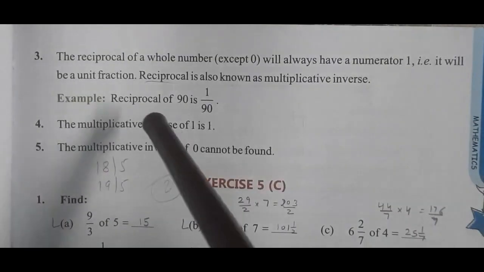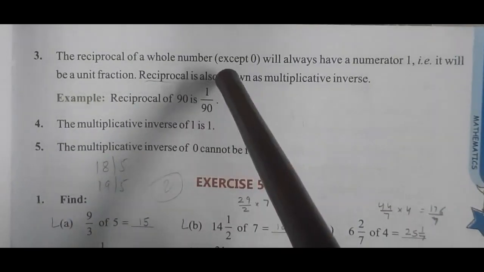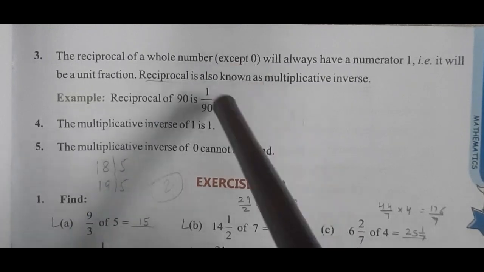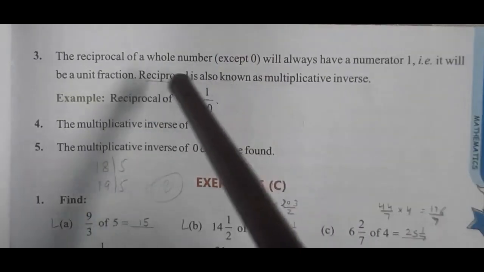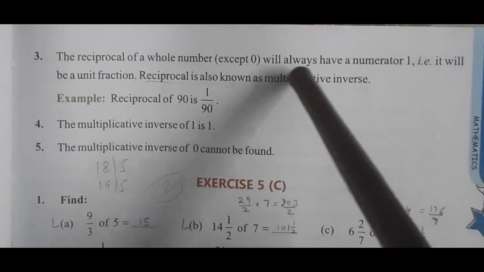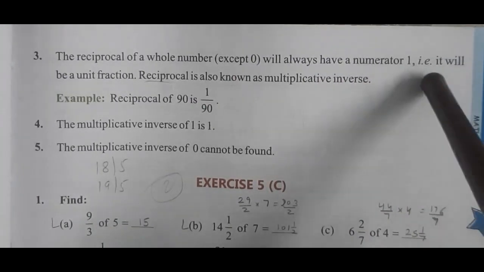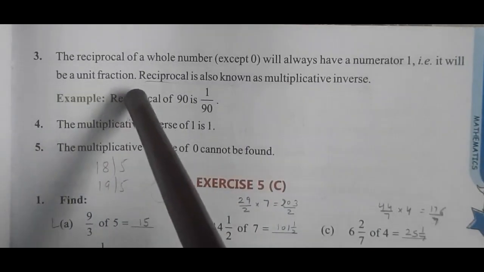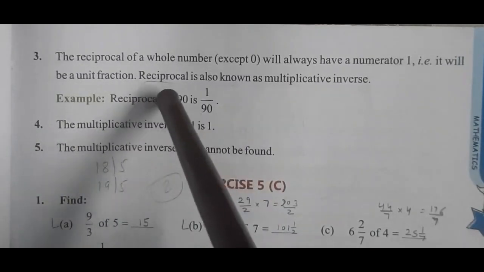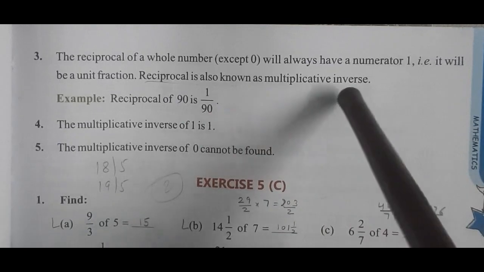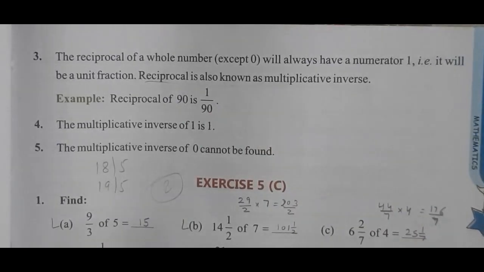Next is the third fact. The reciprocal of a whole number except 0. Except 0 means we will leave 0. The reciprocal of a whole number will always have numerator 1. That is, it will be a unit fraction. So reciprocal is known as multiplicative inverse. If we want the reciprocal of 5, it will be 1 upon 5.